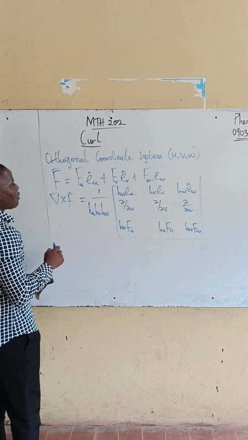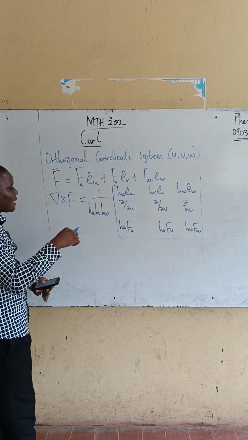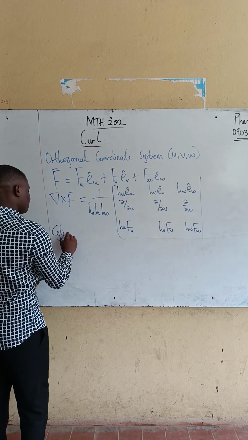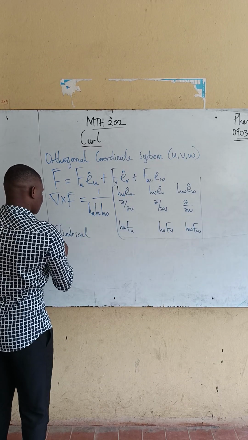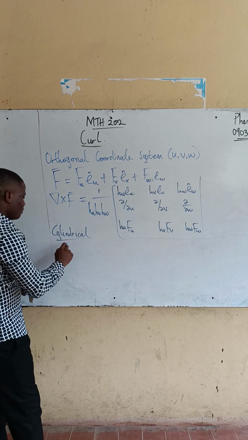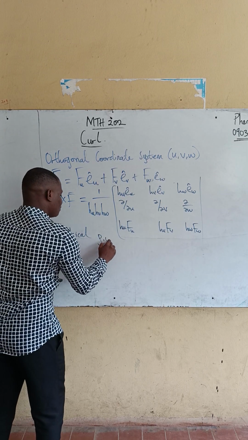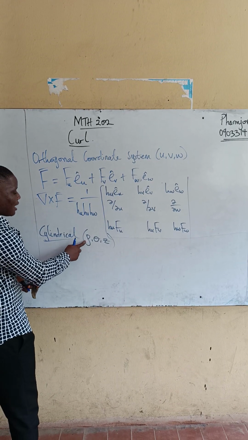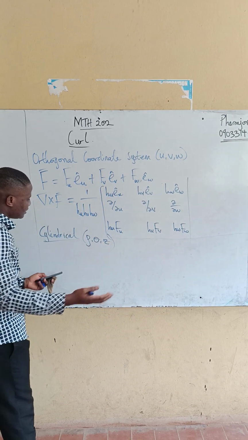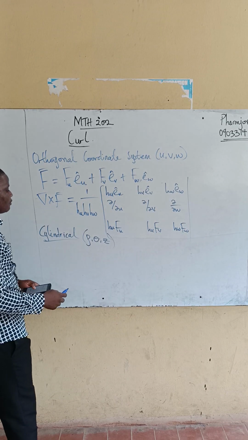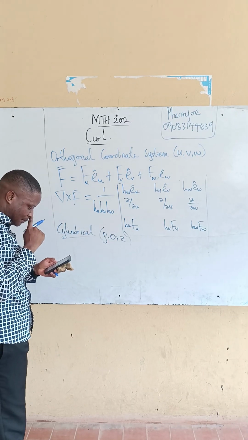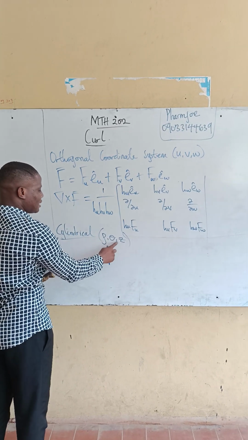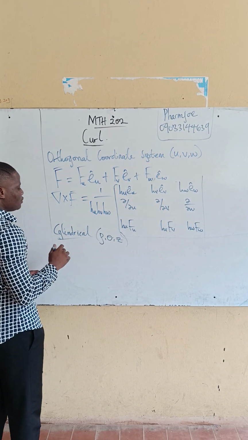So now let's break it down, and from this same thing, let's generalize and take cylindrical first. For cylindrical coordinate system, we'll be having rho, theta, z. And I said some textbooks might decide to use r, theta, z instead of rho, theta, z, which is still okay. So in cylindrical coordinate system, where I now have rho, theta, z, let's check together.